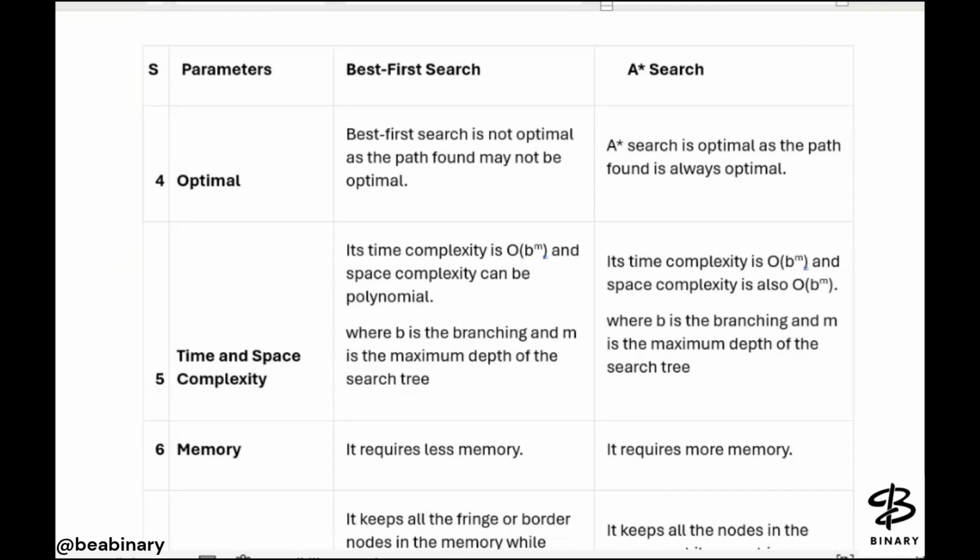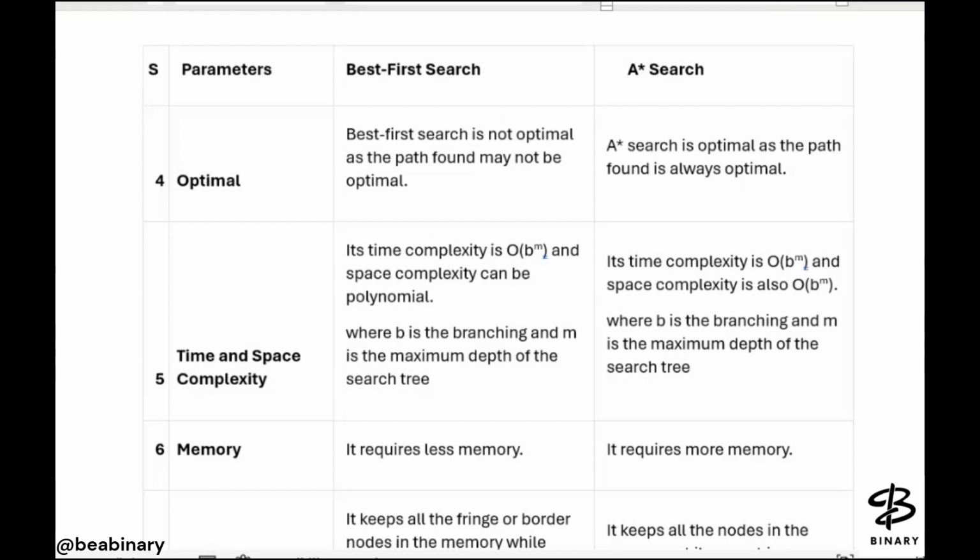And when we compare it with hill climbing also, as we are talking about the BFS, the path is not optimal as the path which has been found may not be optimal, but the A asterisk is optimal as the path is always optimal. Then in terms of time and space complexity, BFS time complexity is b to the power m, and the space can be polynomial.